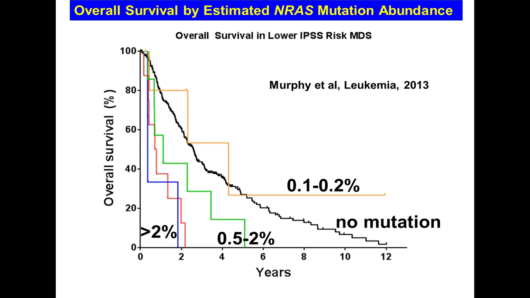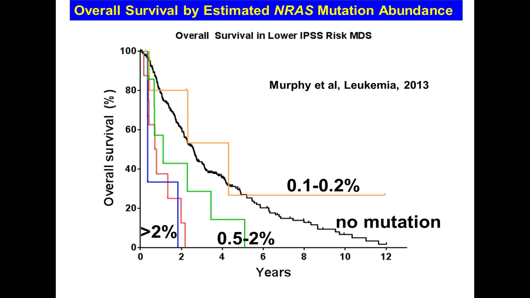So they are not clinically significant. However, if they are more than 0.5%, which was shown to be the threshold, there is clinical significance, and it was shown in this paper that they confer an independent prognostic factor.